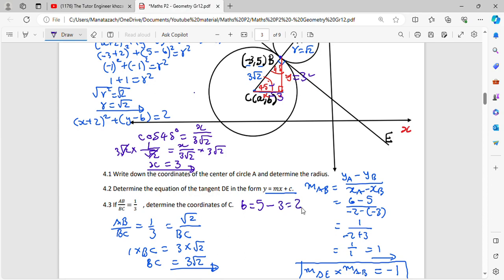That's going to be the y coordinate of C. And then for the x coordinate of C, since you know the x coordinate at B is -3, and C is slightly to the left of B and x is 3, we'll write -3 minus 3, then you'll have -6 as the x coordinate for C. So the coordinate of C is -6 and 2.